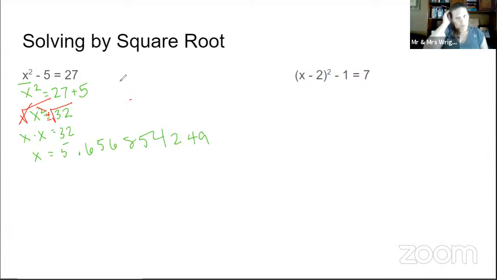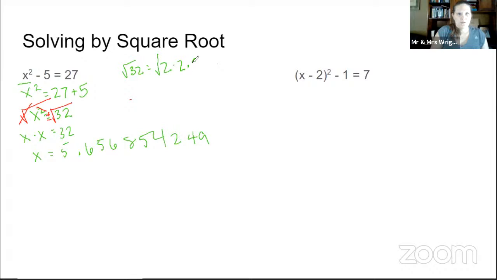So we're going to simplify the square root of 32. I know that 32 is going to be divisible by 2. So I'm going to start with that symbol there. That's 16 divided by 2. That's 8 divided by 2.